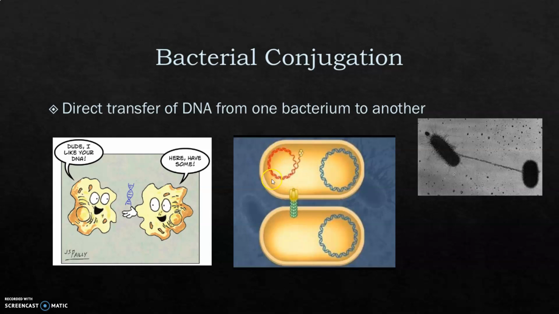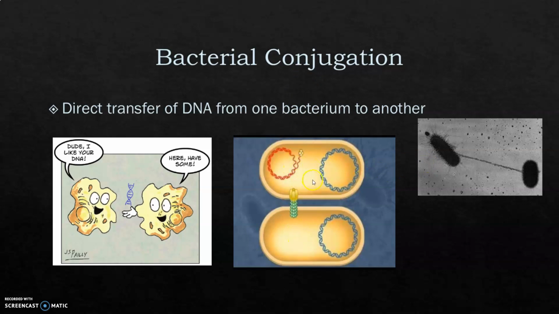If you have that plasmid that's antibiotic resistant, and you run into another cell, and you're able to transfer it to that new cell, you end up with more bacteria cells that are antibiotic resistant. Or you can also pass on the virulence of it. If you have a gene on here for a toxin, you can pass it over, and now an innocuous bacteria cell becomes harmful. But again, that's bacterial conjugation, just sending DNA over from one bacteria cell to another.